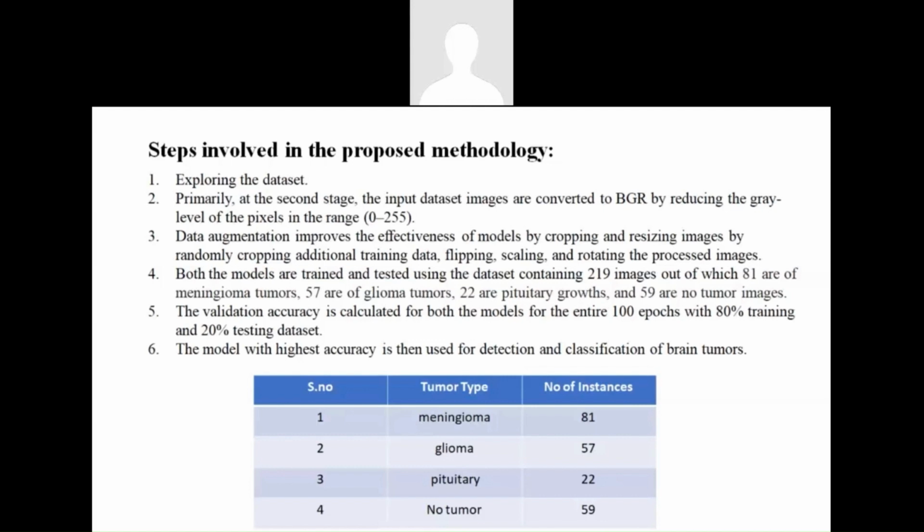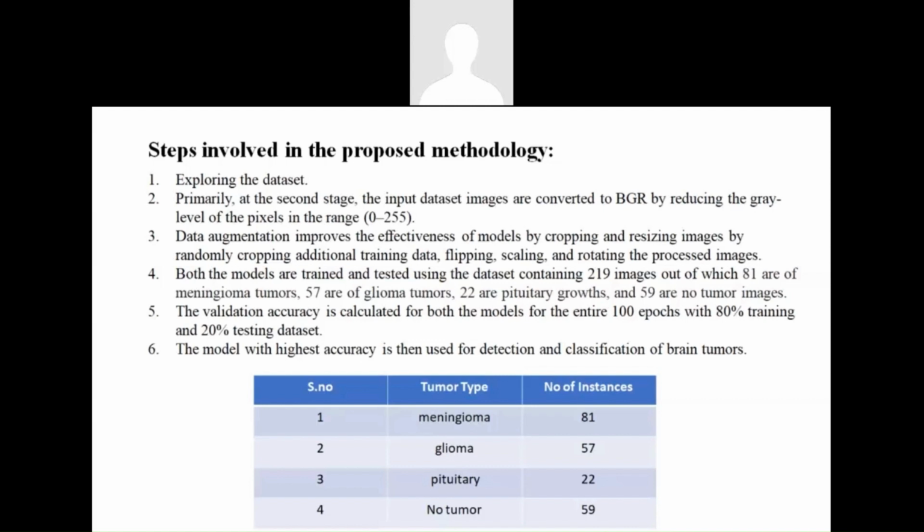Here we have some annotations for the images, four values they have given, and we can consider the first value as 0, 1, 2, 3, 4. We can classify it as meningioma, glioma, pituitary tumor, and healthy tumor.